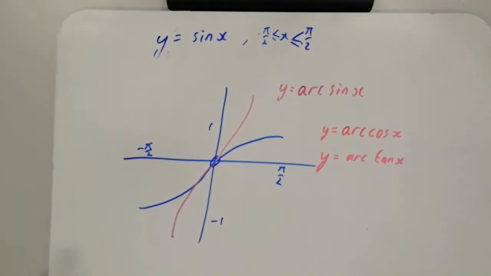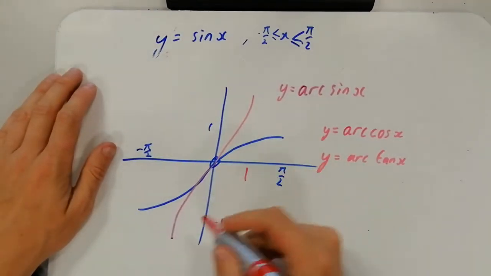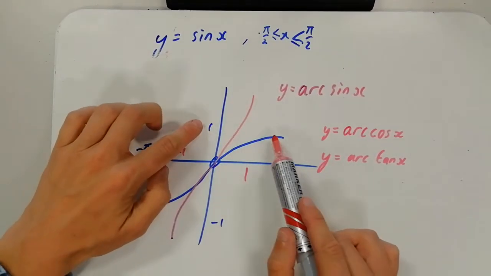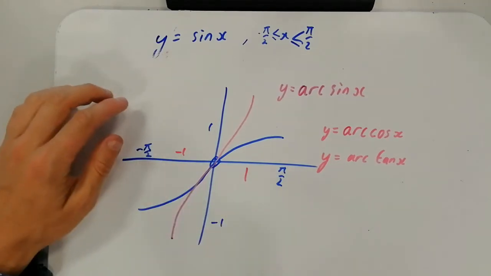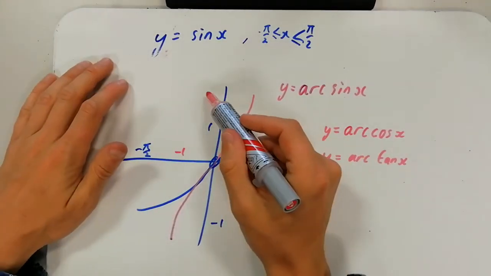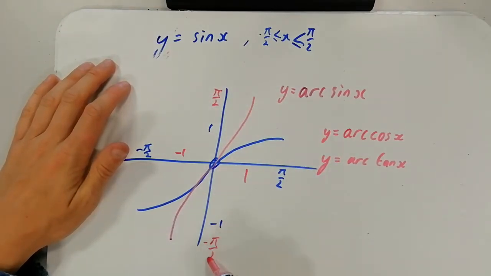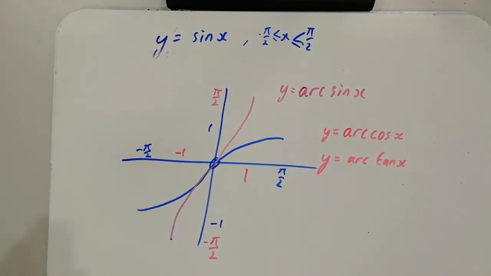Think how you can restrict down your domain to still get all the possible values. Because we can put in, we should be able to get out any number between 1 and minus 1. So in the inverse, we should be able to put in any number between minus 1 and 1. And the inverse should spit out any number up to pi over 2 and minus pi over 2. How would you need to adapt that for arc cos and arc tan? Have a think.